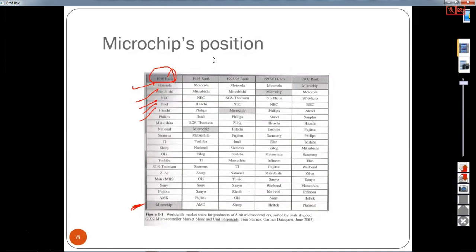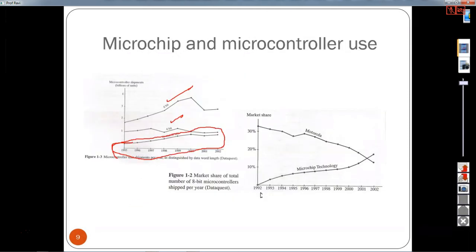Then what is the reason? If you look at the usage of 4-bit, 8-bit, 16-bit and 32-bit microcontrollers from 1995 to 2000, the usage is increasing, and in market share the Microchip family is slowly taking over from the other families.